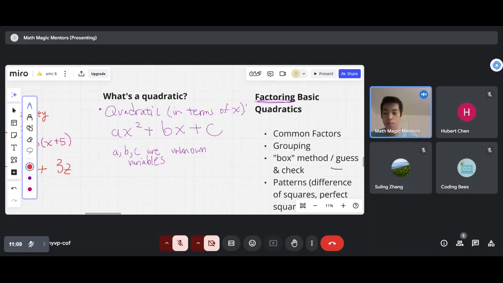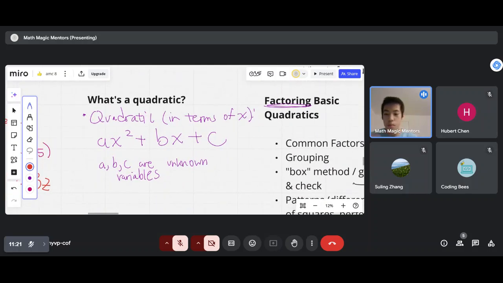So you can technically have constants for a, b, and c as long as you always have an x squared term. So typically you can just remember that a quadratic is an expression with 2 as the highest power. So you must have something squared in the expression.